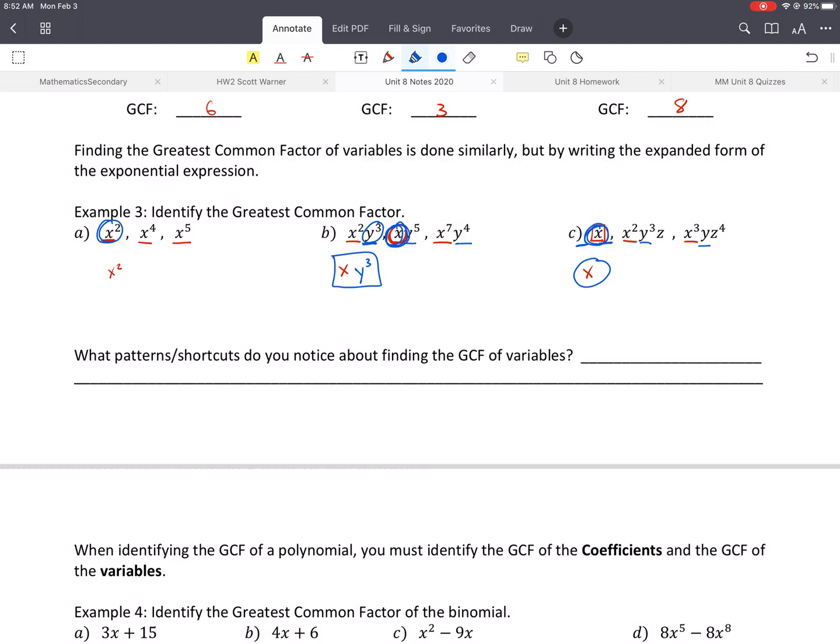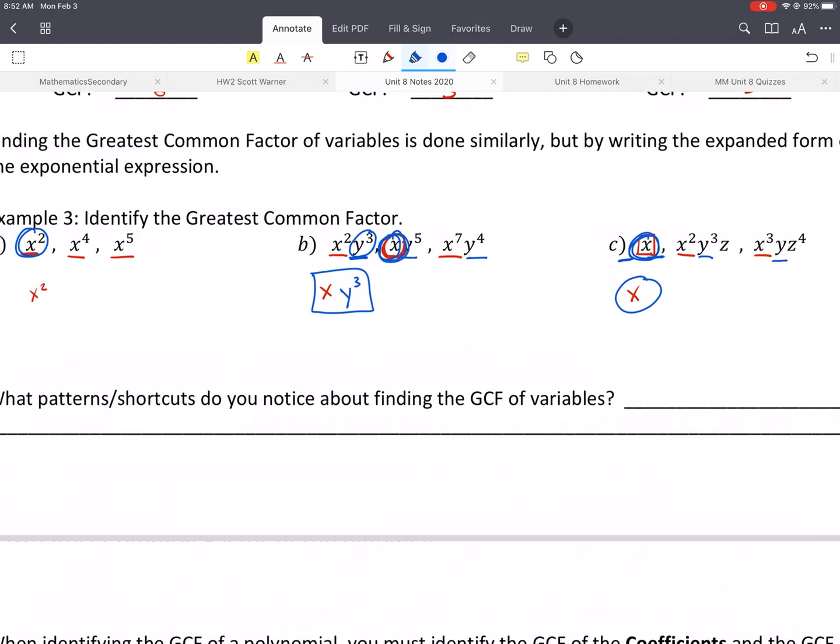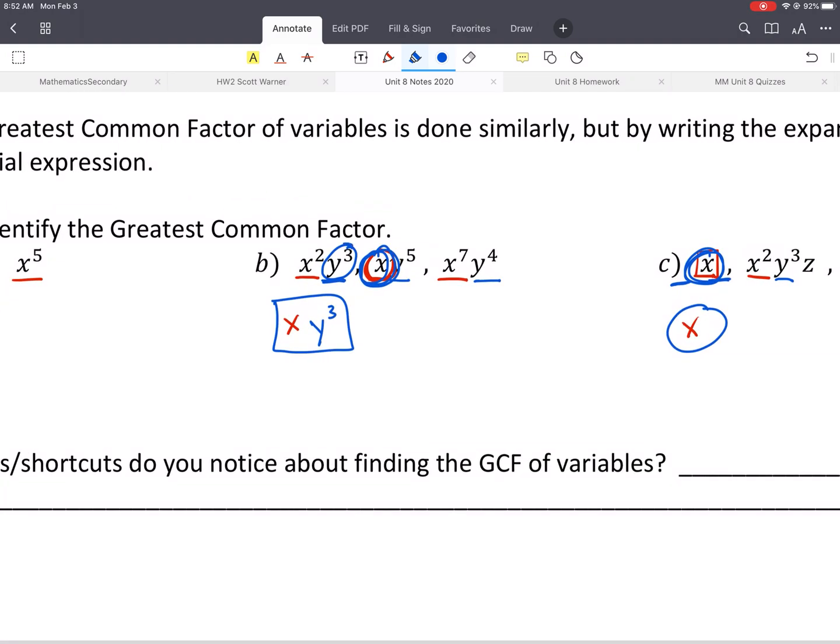And similarly for C. Okay. And then like for B, the smallest exponent for the y's was the y to the 3rd. Okay, we do also have a y to the 5th and a y to the 4th, but we can't take more than the smallest amount of each term, if that makes sense.